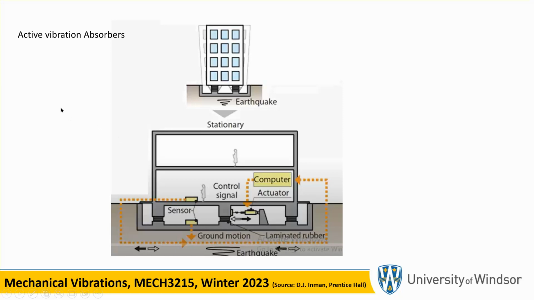So it actively cancels the effect. You must have heard about active noise cancellation. These headsets use that technology, the same idea. So active vibration control absorbers require an actuator, but the passive ones are just the mass, the spring and the damper.